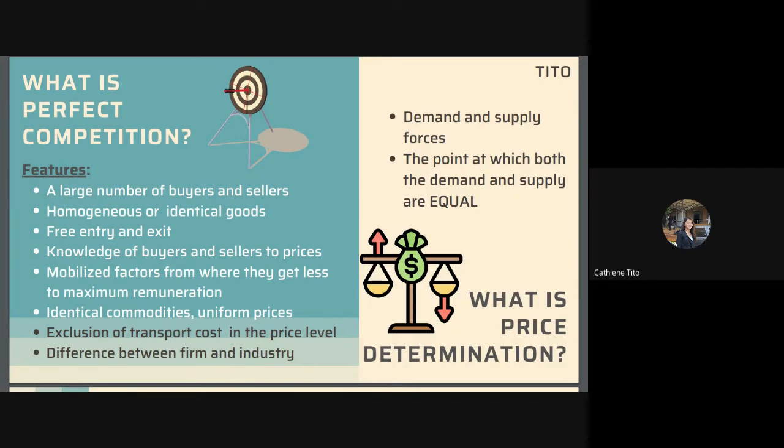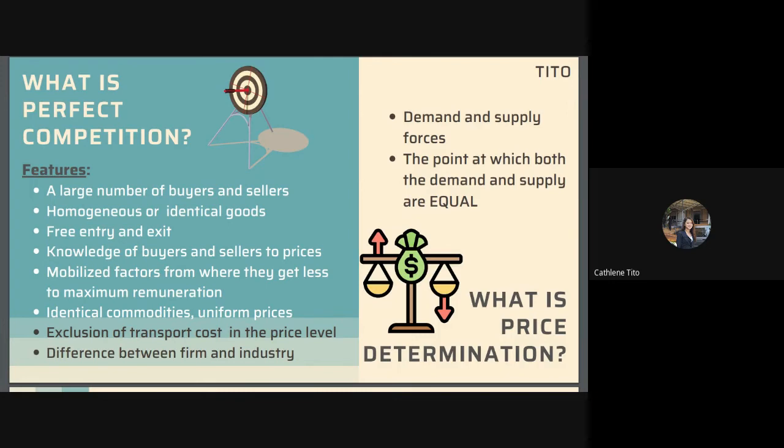So, since all consumers have perfect information about competing prices, from the fourth on the list of the features, all goods must sell at a single price. Seventh, exclusion of transport cost in the price level. This is because under perfect competition, prices must be maintained at a uniform level.